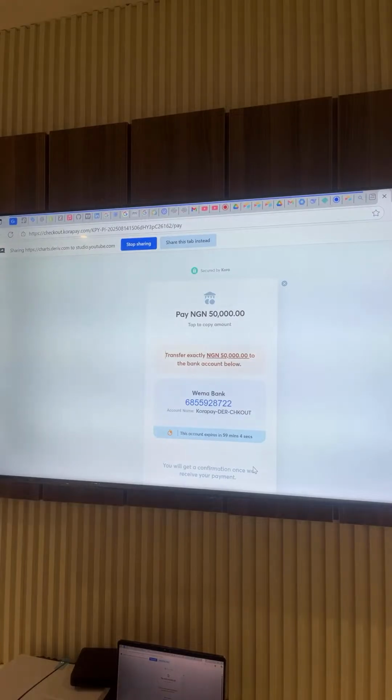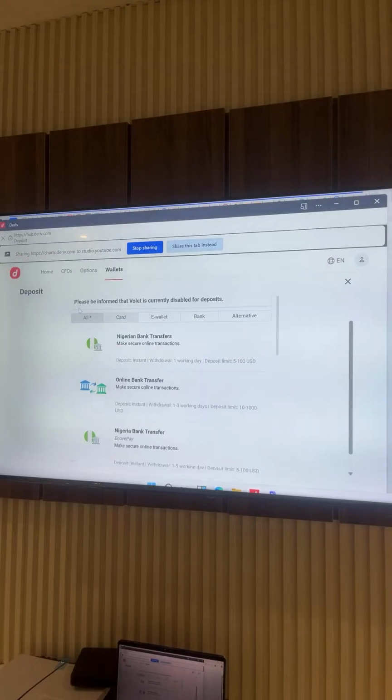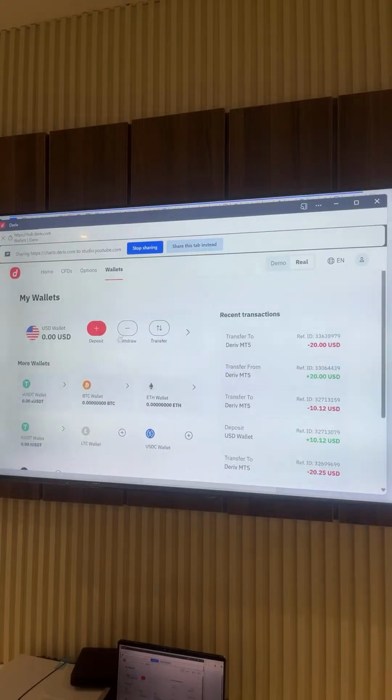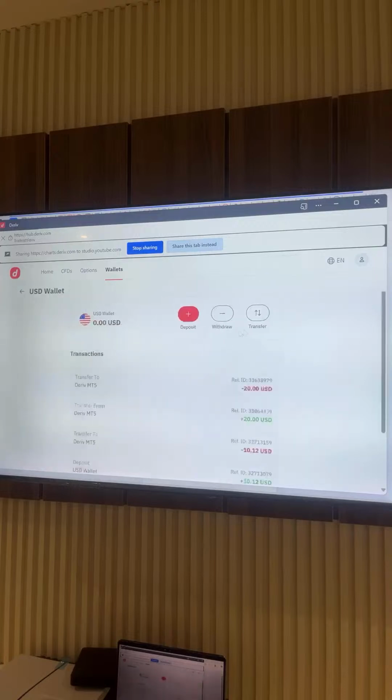Let them confirm the money, then we know what next to do. Synthetic receives money very easily and fast. All I have to do is go back to my account, and I will know that they have credited me. So I'll click here, I'll click transfer.